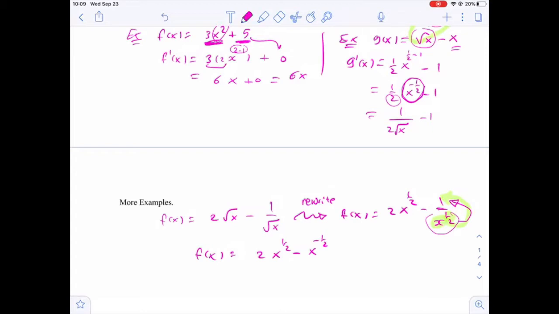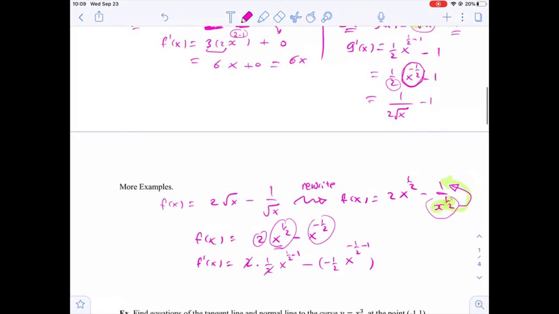Now our function is ready for differentiation. So f prime of x is, this is a constant, it will not affect the derivative, we just find derivative of the function here and multiply by that constant. And then what is derivative of x to 1/2? It's 1/2 x to the power 1/2 minus 1, minus. What is derivative of x to negative 1/2? The power times x to the power minus 1. And then we can cancel 2 from the numerator and denominator.